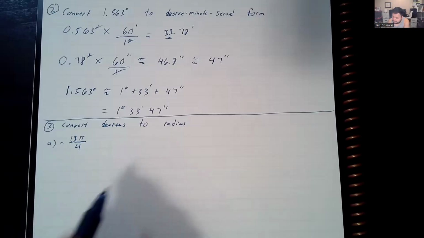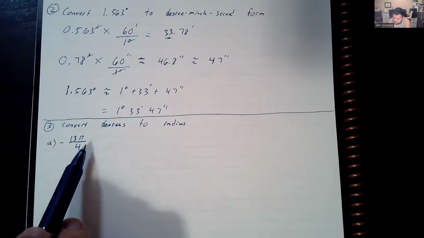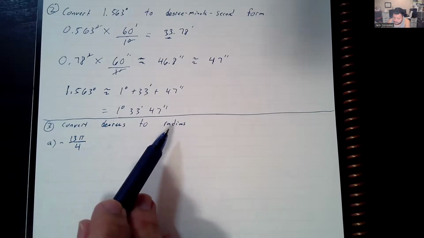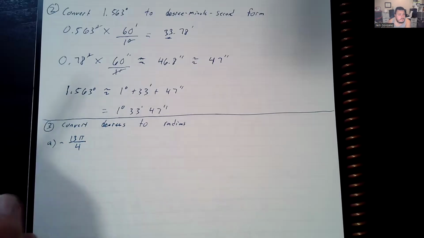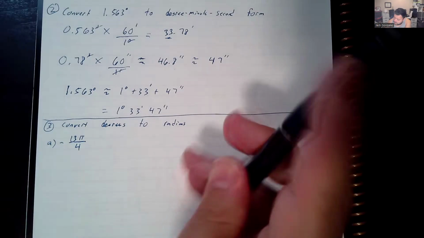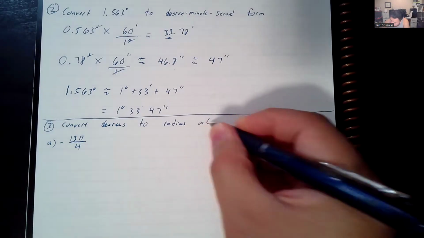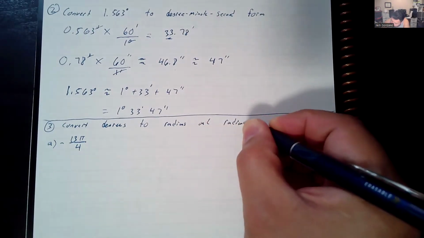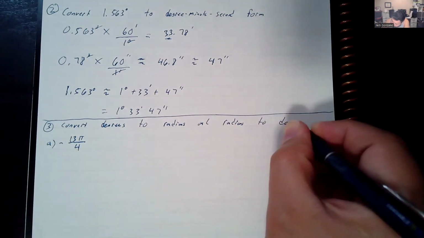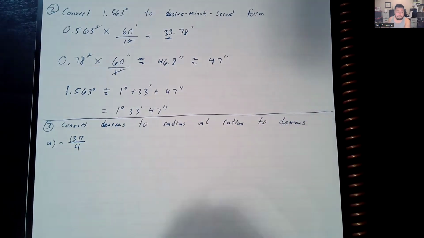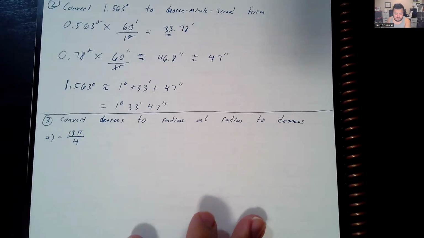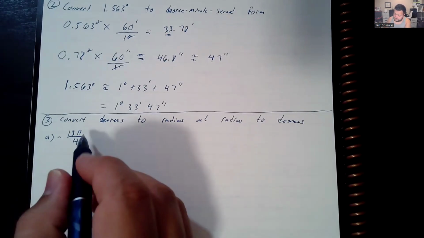Alrighty, let's convert this guy. So degrees to radians, and radians to degrees. So multiply by the conversion factor. Remember that pi is 180.